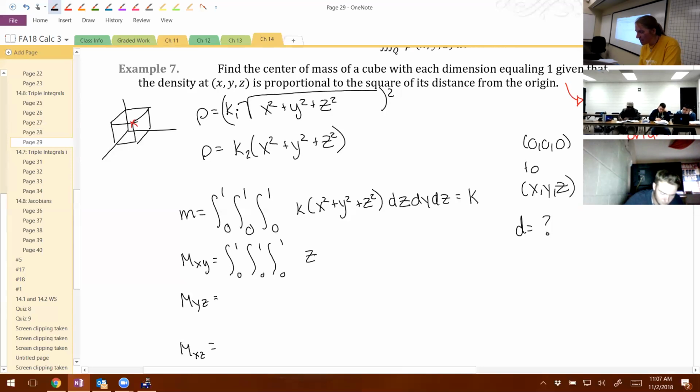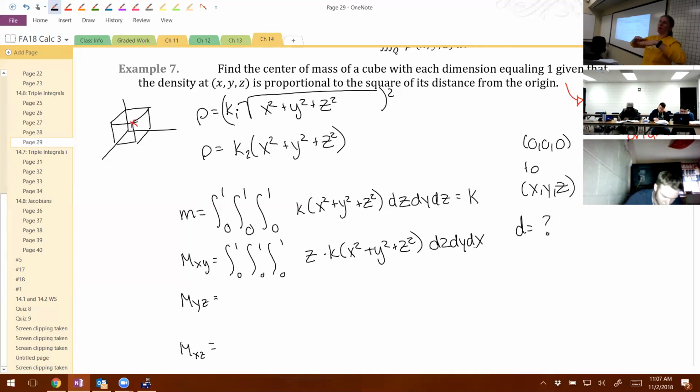So we're going to have z times all that stuff we had in the previous one. You can go back up and look at the formulas up above and see where that comes from too. Again, talking about the distance from the xy plane, that's what z talks about. So z times the density. The answer for this is eventually 7k over 12.